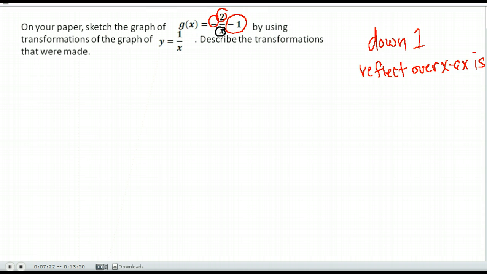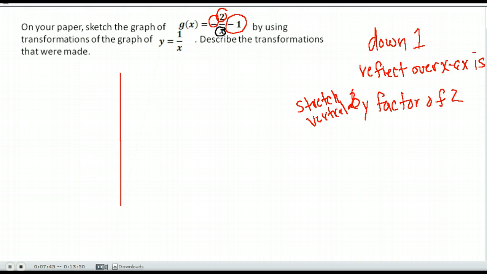And then we have this 2 on the top, which is going to stretch it vertically, because what it's basically doing is multiplying all of our y's by 2. I'm going to write that out. Stretch vertically by a factor of 2.